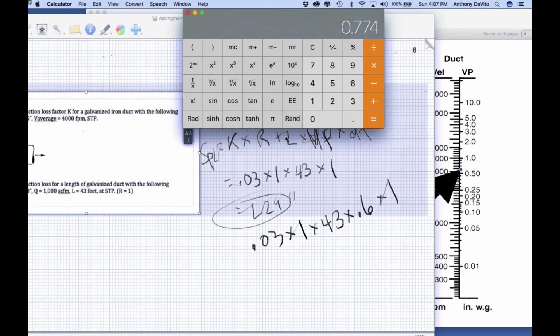And in general, that chart is good enough. Remember, all of this is an estimate of what the final performance of the system is going to be. And we're going to build in some level of safety factor when we're doing all this. In fact, when we did the fan calculations, we actually saw we added in a correction factor of about 30% or something like that to the fan.